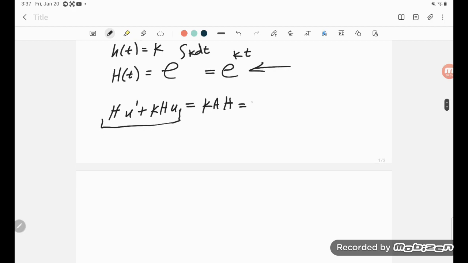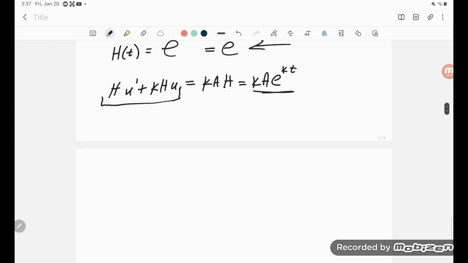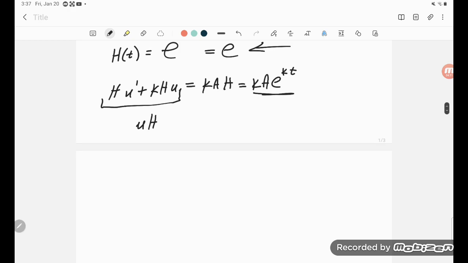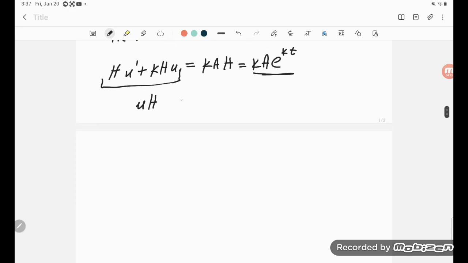But on this side, where I've got KA e to the kt, I do want that because I'm going to do an integration. So when I do that integration, on the left, after the integration, I know I have u times H. And that equals the integration of KA e to the kt dt. So on the right side, I'm seeing the integration. On the left side, I already did it.